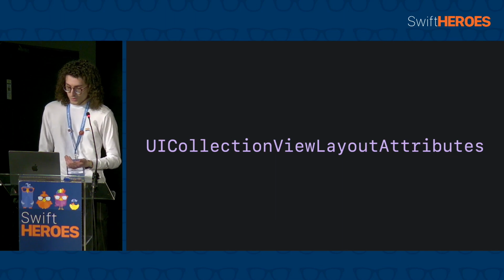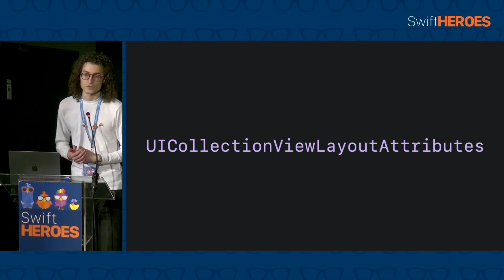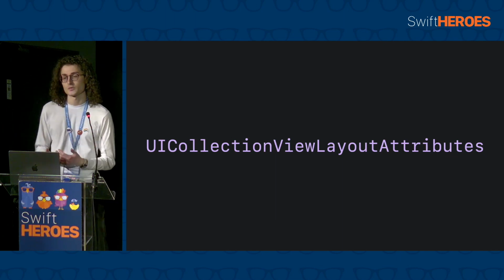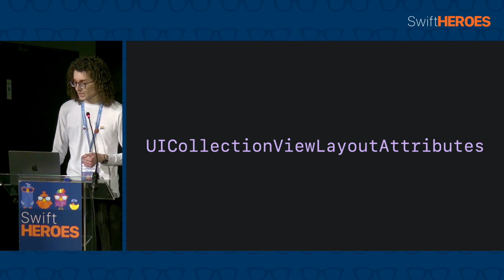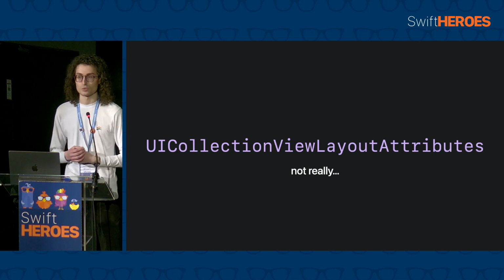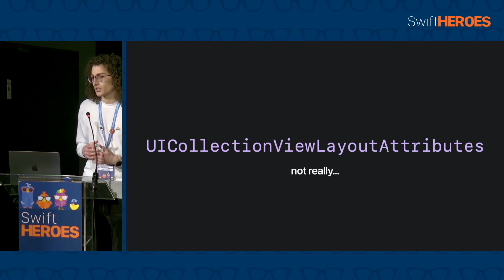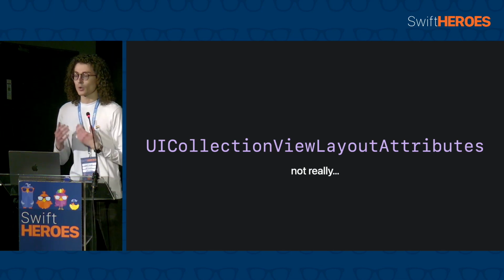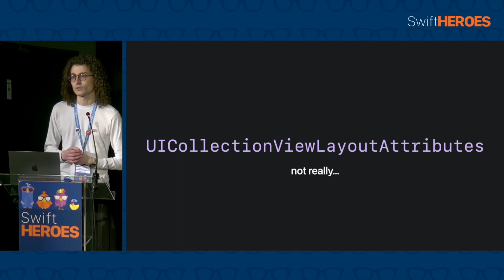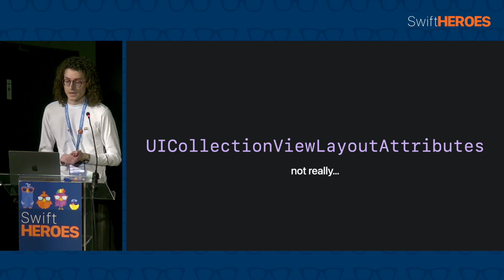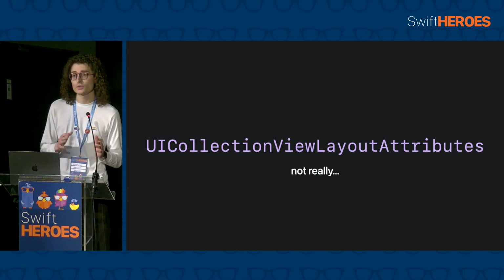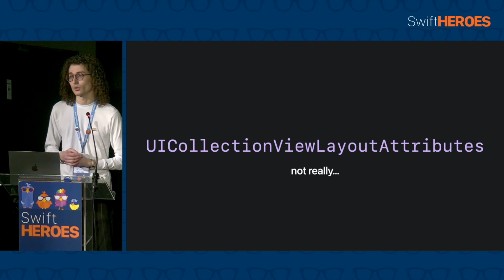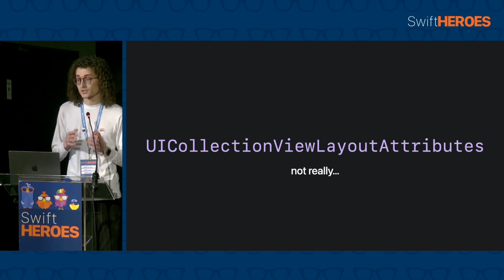So the solution will be to use UICollectionViewLayoutAttributes, which is perfect for transforming and modifying the cells before they get displayed. But in this case, it's not really the solution we're looking for. And the reason is, in order to scale our cells, we also need to track the content offset of our horizontal scroll view. And the problem is, when modifying UICollectionViewLayoutAttributes, the collection view only gives us the main scroll view of the layout, which in this case scrolls vertically.